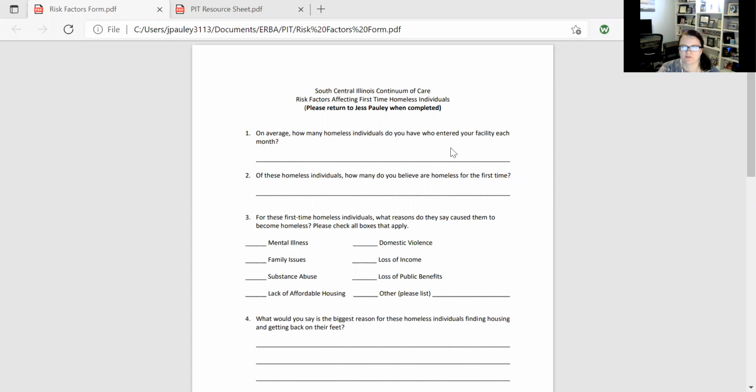So you just go down and fill in whatever answers that they give you, and then go ahead and just send this back to me directly once you've completed it. We will use this information to help us write our COC application, and we'll use it to also help tailor our services to make sure that we're providing the best services needed by those homeless individuals in our counties.